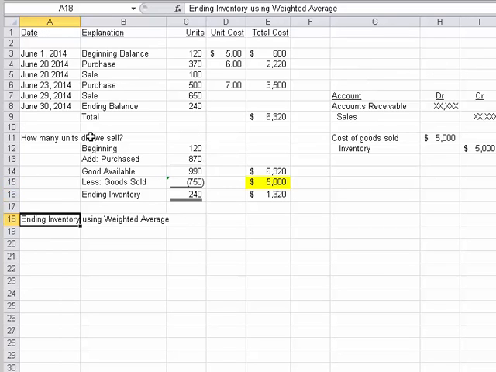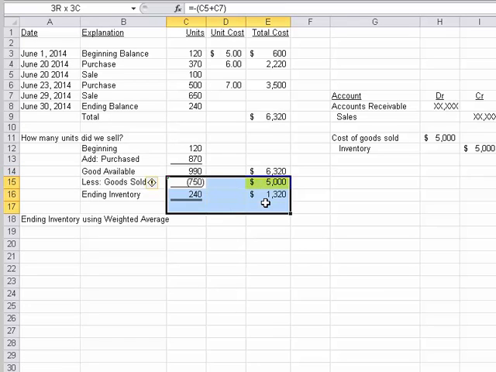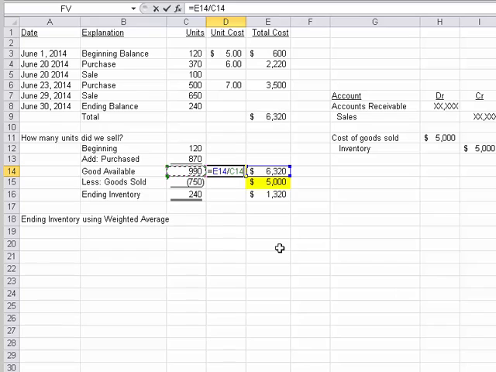So now here's what we do. We know we had $6,320 as our total cost. Goods available were 990 units. We don't even need to calculate this information here. Instead, we just calculate the average cost by taking the total cost and dividing it by the goods available. The average cost of our inventory and purchases for the period was $6.38, and I'm going to show it just as $6.38.